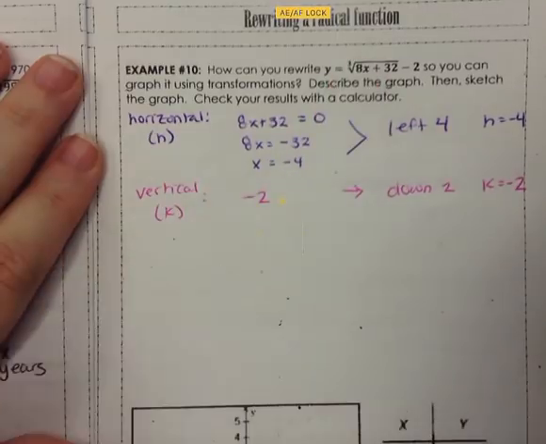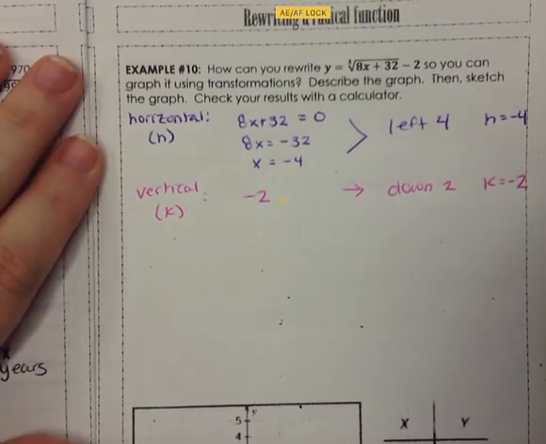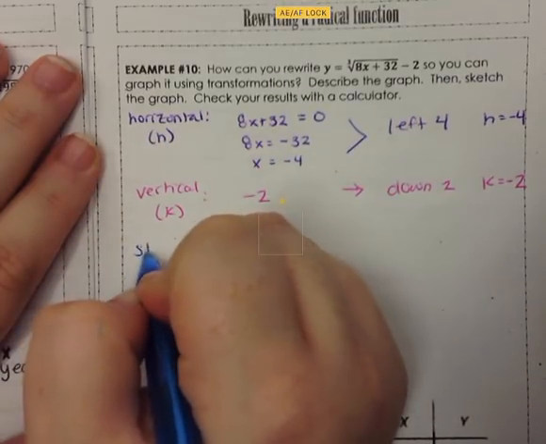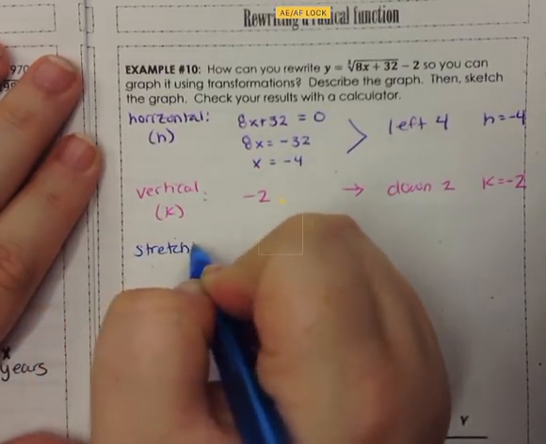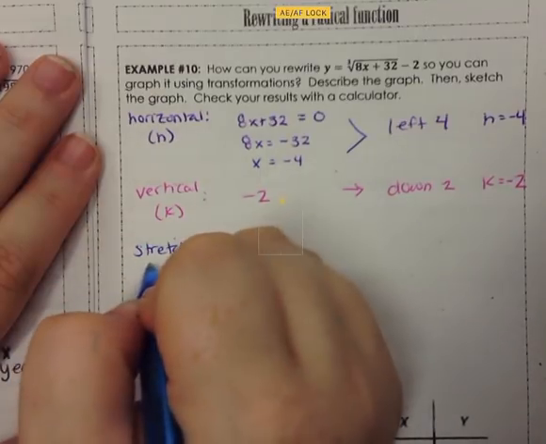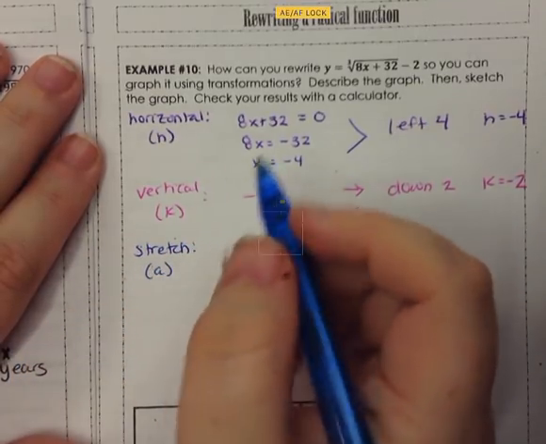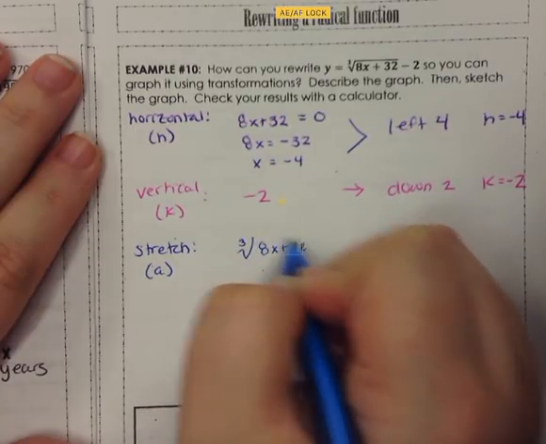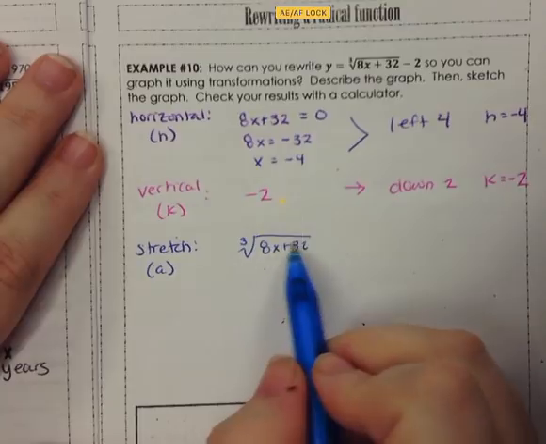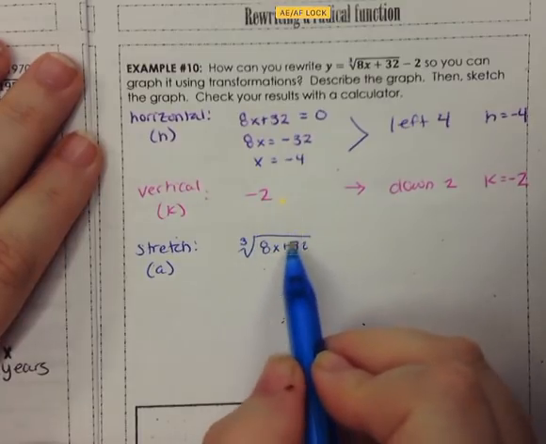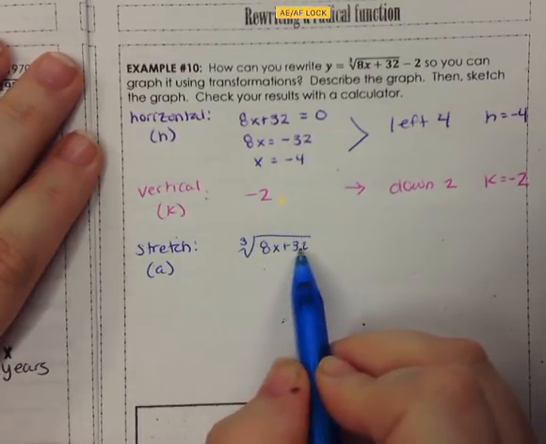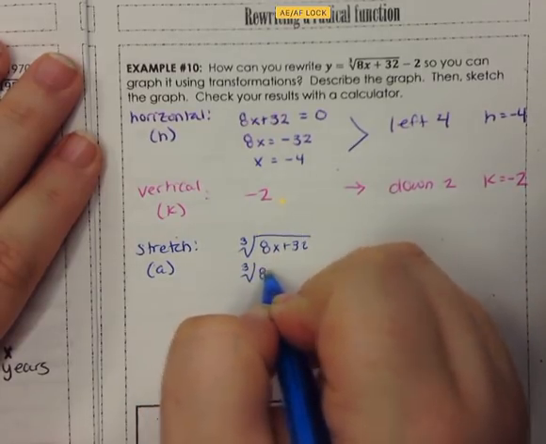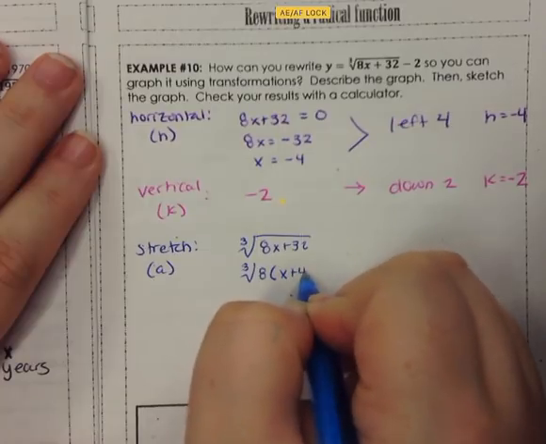We could have found our a value first. So for our stretch or compress, whichever one that is, that's our a value. We have the cube root of 8x plus 32, which if we look at this part by itself, you can see that you can factor out an 8 from both of those. So it could be written as the cube root of 8 parentheses x plus 4 parentheses.